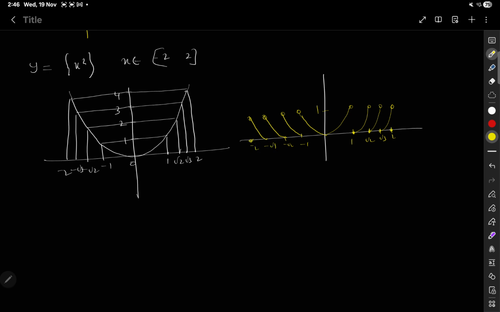The values at 2 and minus 2 are 0. I hope it's clear. It's just like greatest integer, but you project the graph between 0 and 1. This portion is taken 2 units down; this came here, this came here.